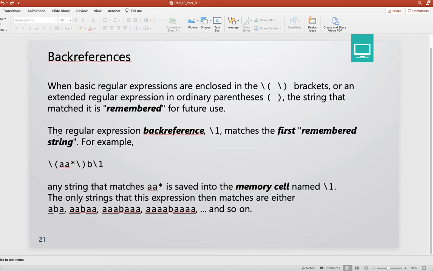So the back reference, like backslash 1, will match the first remembered string. For example, here, any string that matches A and A star is saved into the memory cell named backslash 1, and the only strings this expression matches are like A B A, or double A's B double A's, and so on.